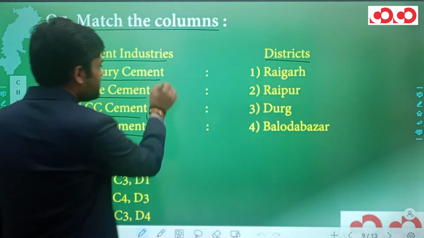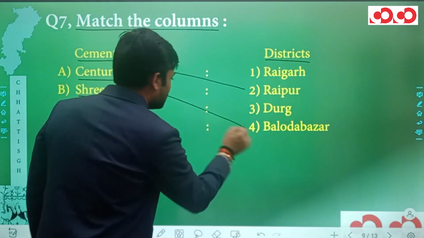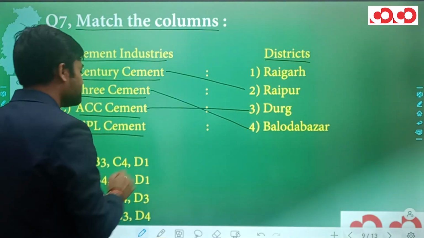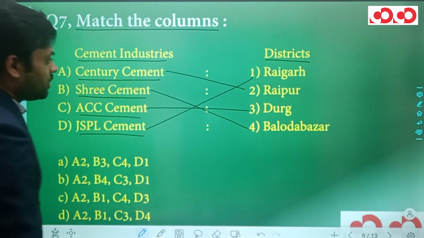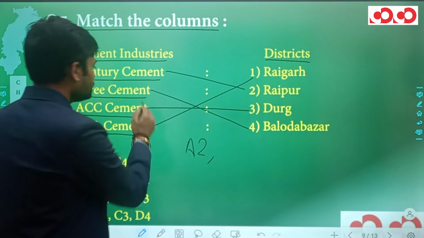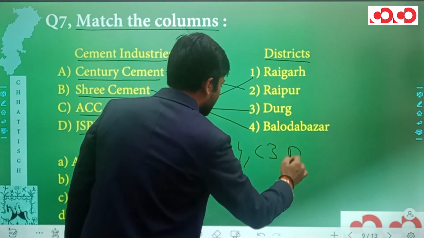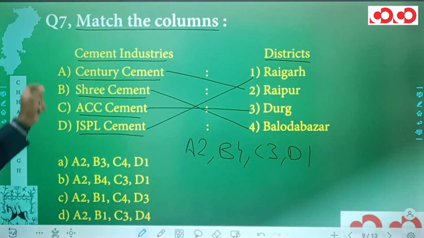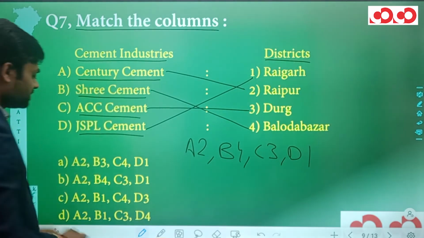Now forming the pairs. Century Cement can be matched with Raipur. Shri Cement can be matched with Baloda Bazar. ACC Cement can be matched with Durg, and JSPL Cement can be matched with Raigad. Now, the pairs that we have are A2, B4, C3, and D1.